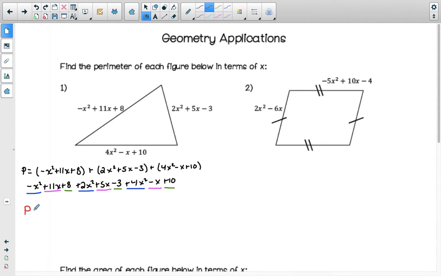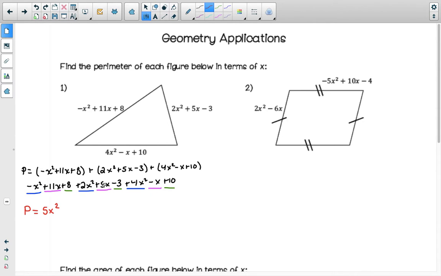So our perimeter will equal negative x squared plus 2x squared plus 4x squared. So that's negative 1 plus 2, which is 1, plus 4, which is 5. So we have 5x squared. Then we look at our x's. We have 11x plus 5x minus x.